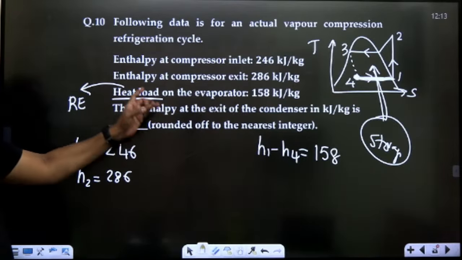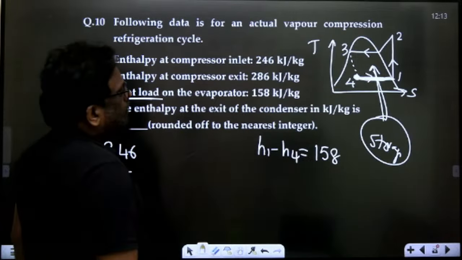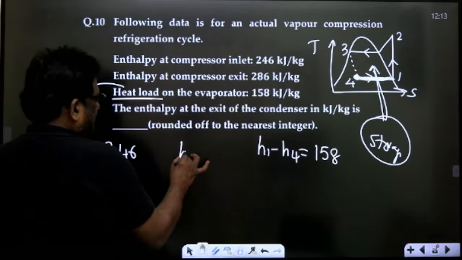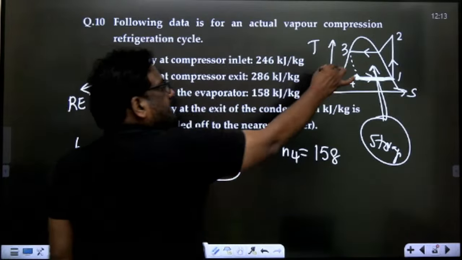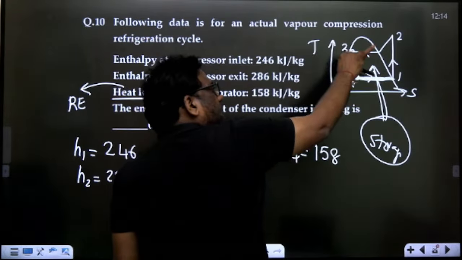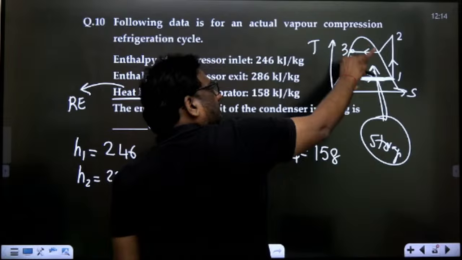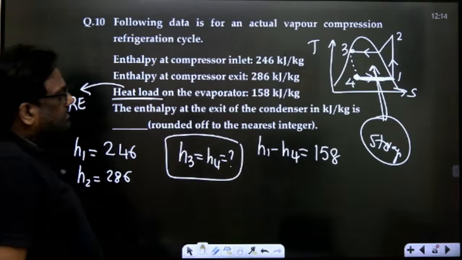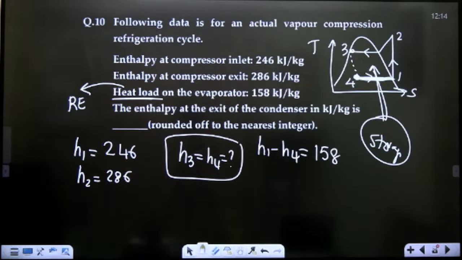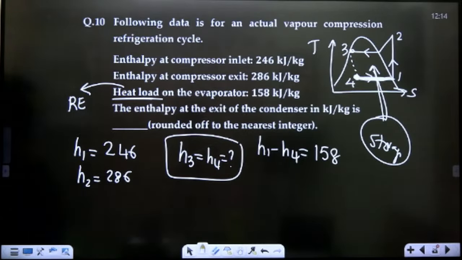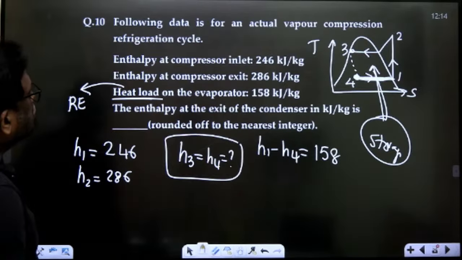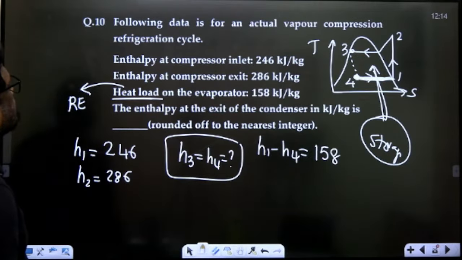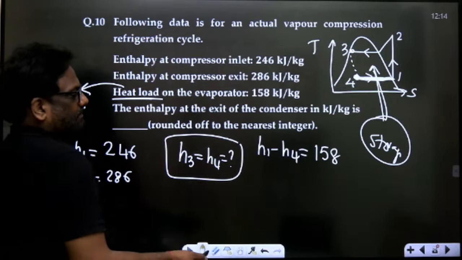What is the enthalpy at the exit of condenser? Which one is asked? I think he is asking H3 or H4, because the enthalpy at 3 and 4 will be the same since it is throttling. Okay, no problem. Now see how we do this. What is there in this?